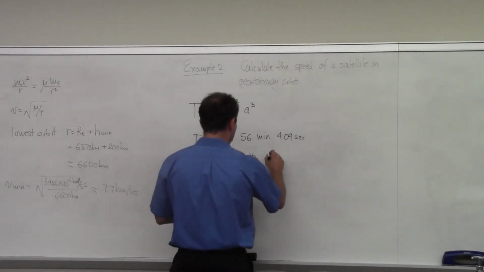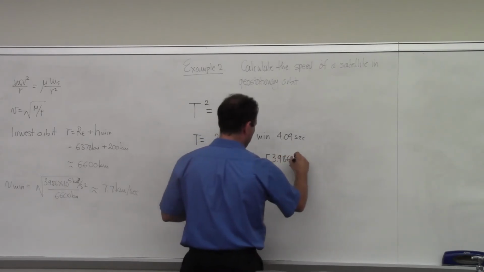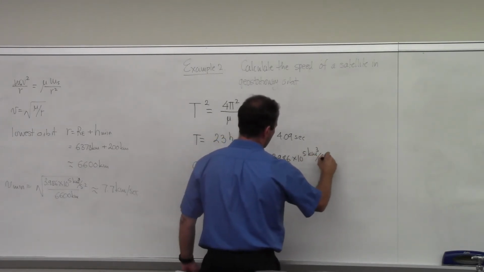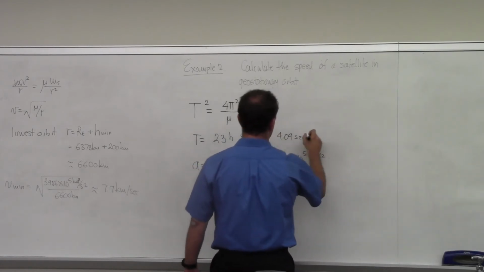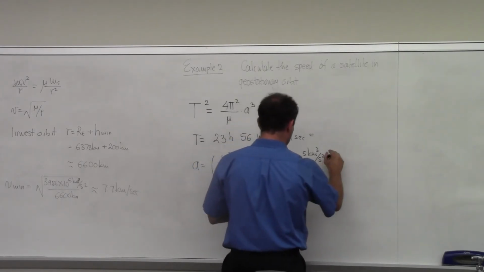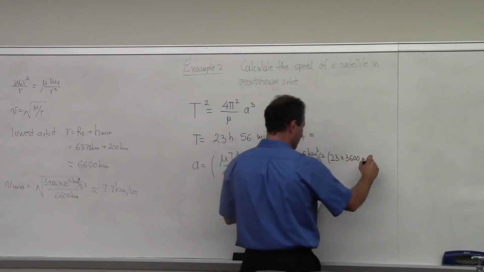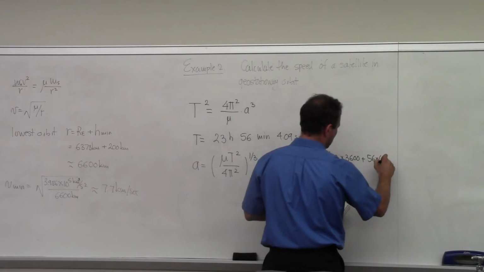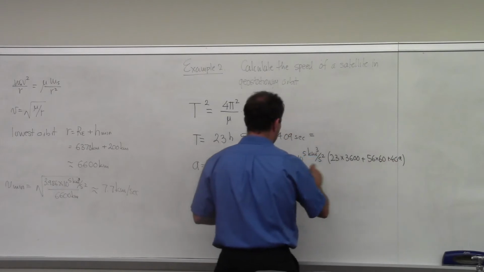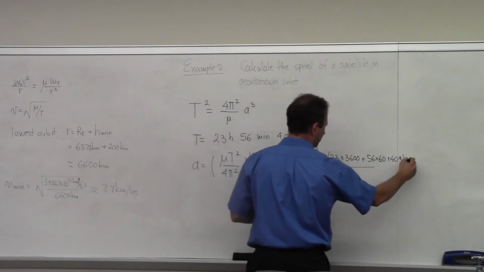So this becomes 3.986 times 10 to the 5 kilometers cubed over second squared, and then times this in seconds, well, let me just write here, it's 23 times 3600 plus 56 times 60 plus 4.09, and that divided by 4 pi squared.